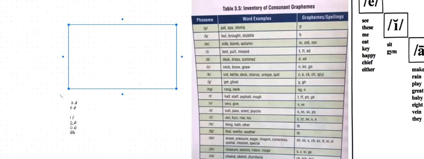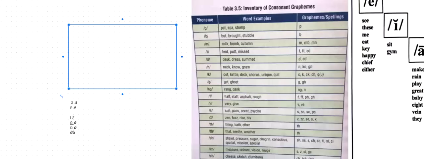Mango has two syllables. So these are the amount of syllables, and these have one, two, or three syllables because of the vowels.